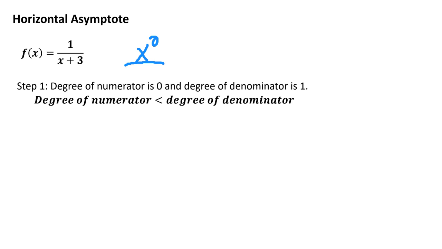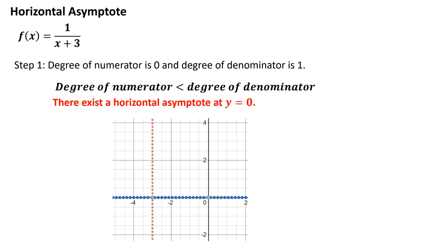And we know that the degree of the denominator is 1. We don't write the 1 here, but this is what we have. The degree of the numerator is smaller than the degree of the denominator, so hence we have a horizontal asymptote at y equals 0. And again, we represent this as a dashed line, this horizontal line, which is in blue.